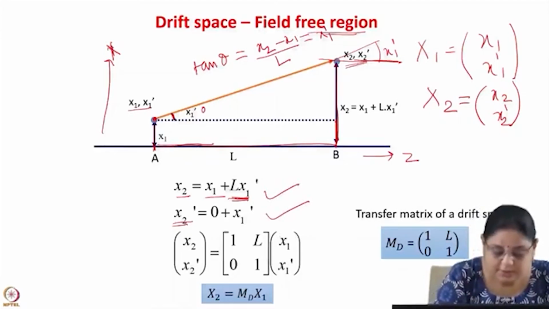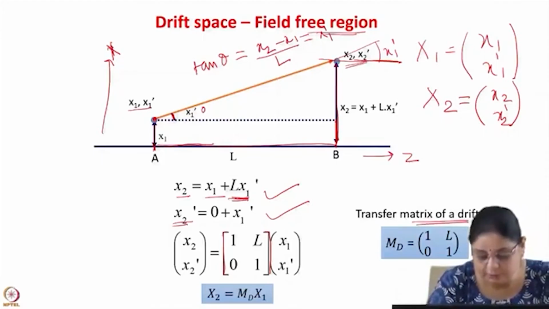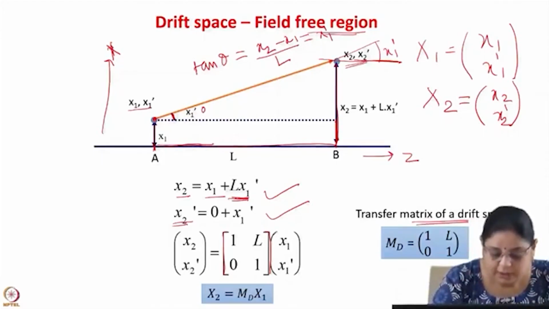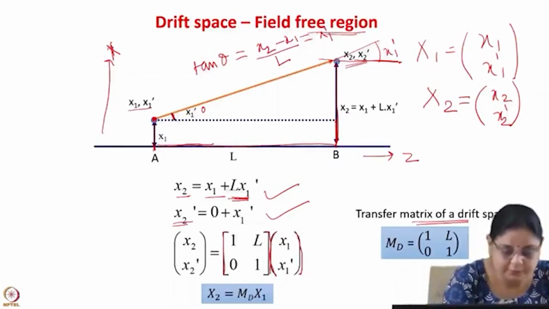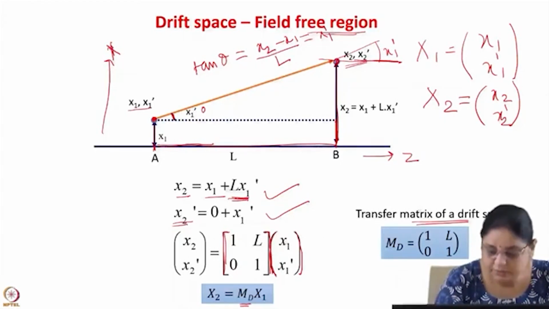Now this matrix depends only upon the length of the drift space, so it is known as the transfer matrix of the drift space. If you know the initial coordinates at the beginning of the drift space and the length of the drift space, you can find the final coordinates at the end of the drift space. So x2 is equal to Md times x1. This is known as the transfer matrix of the drift space.